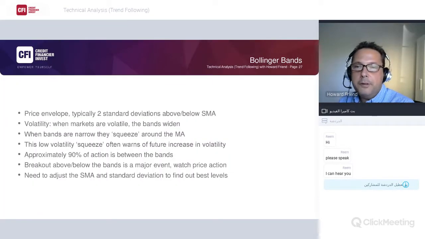Okay. So now I'm going to talk a little bit about Bollinger Bands. So Bollinger Bands basically use the envelope concept, but they're based not on a fixed distance above or below the moving average in terms of percentage, but they use volatility. So they use standard deviations.